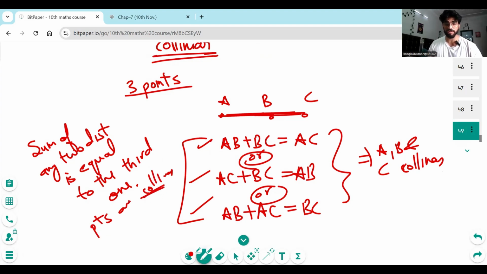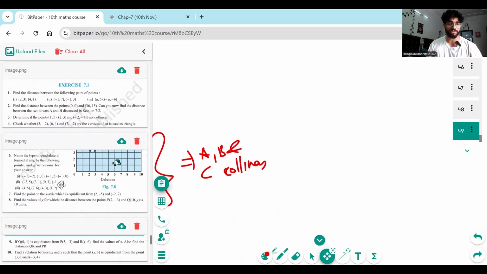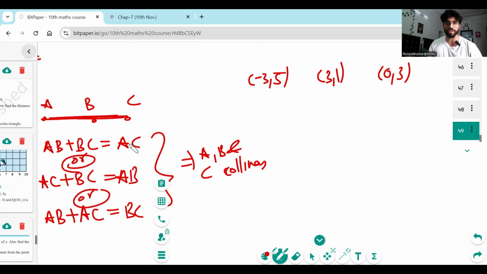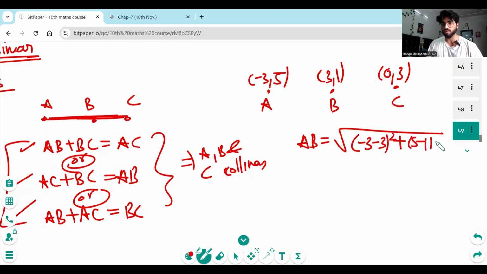For example, let me take an example so that it is pretty clear. Let's say I'm doing a question. I'm taking 3 points: (-3, 5), (3, 1), and (0, 3). These are the points I want to check whether they are collinear or not. So let's say this is A, this is B, and this is C. If I find AB, the difference of x coordinates squared, the difference of y coordinates squared. So 6 squared is 36, and this is 4 squared, which is 16.